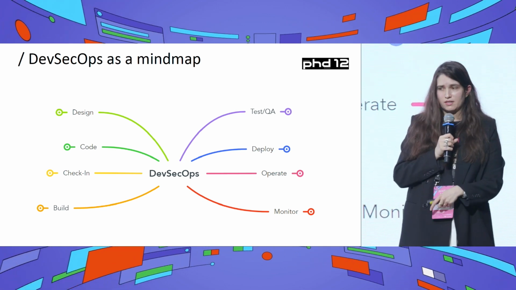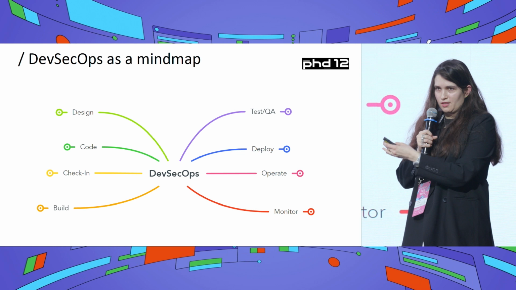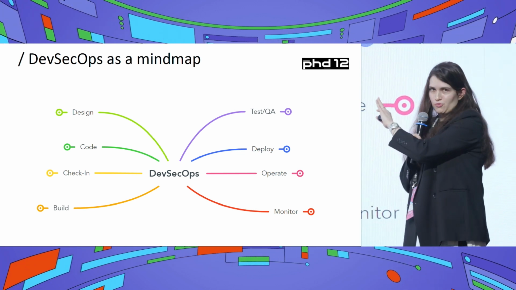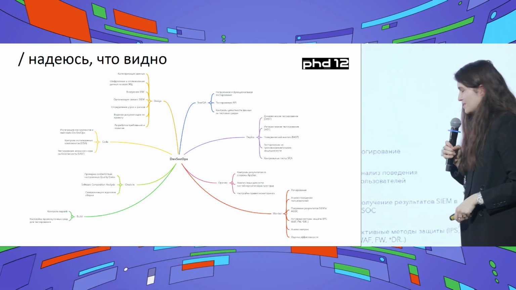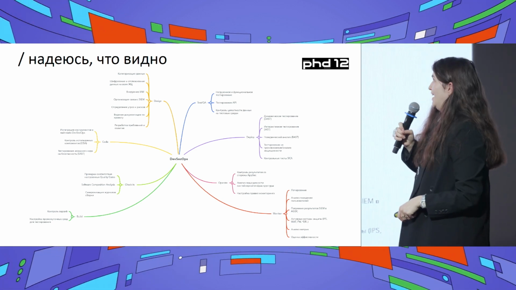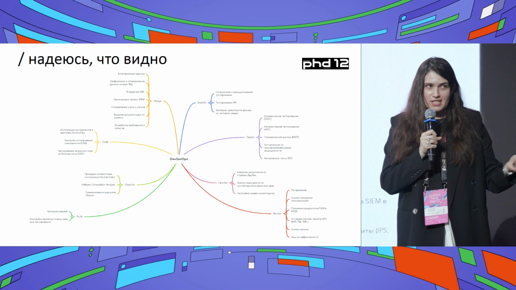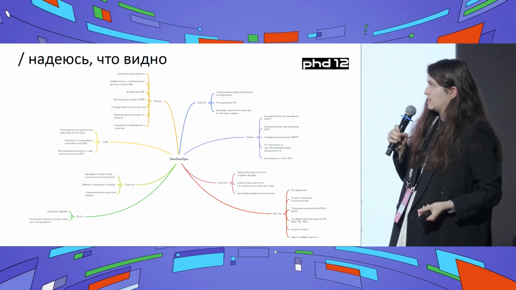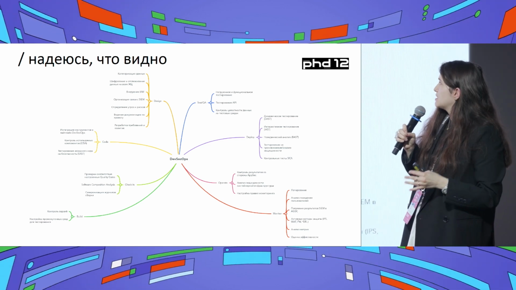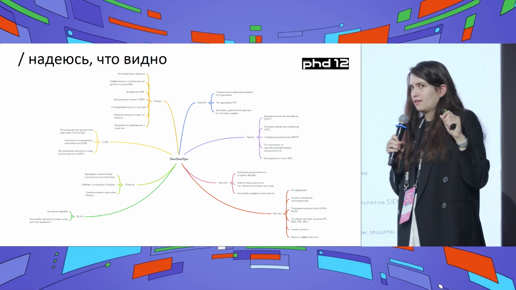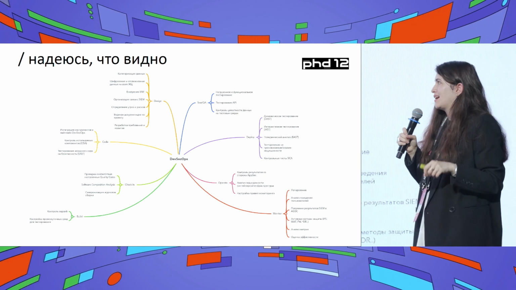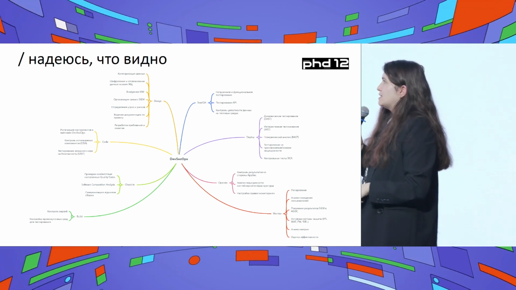So if we convert this horizontal 8 into a mind map, you would see this spider with 8 legs. I suspect that you wouldn't be able to read it, but those presentations will be published and you will read them. I tried to put here the concepts of what we actually need at each stage.